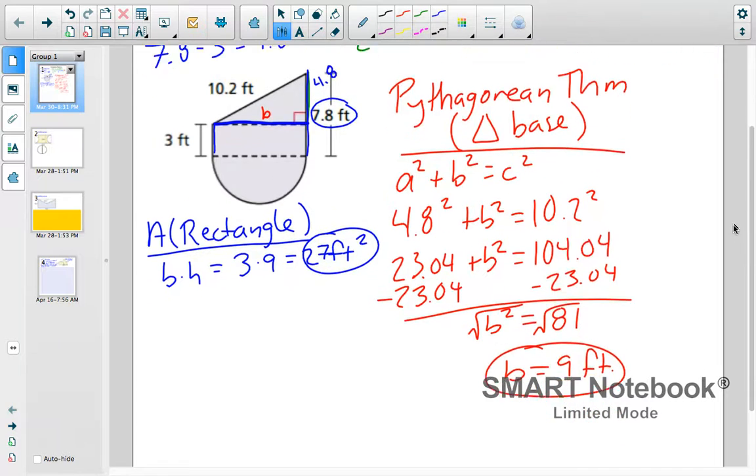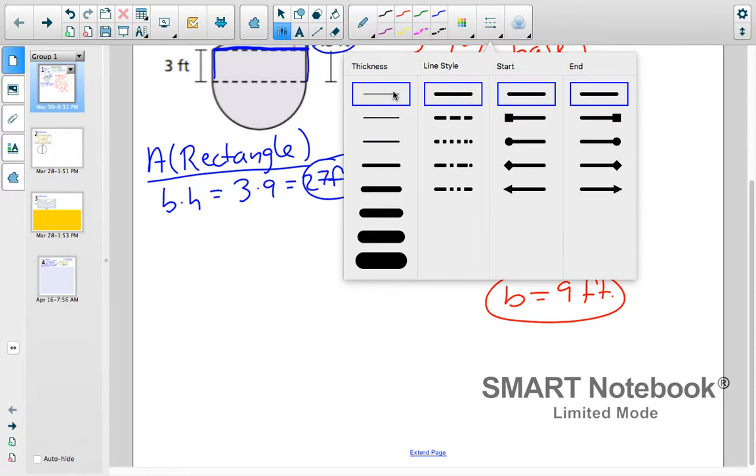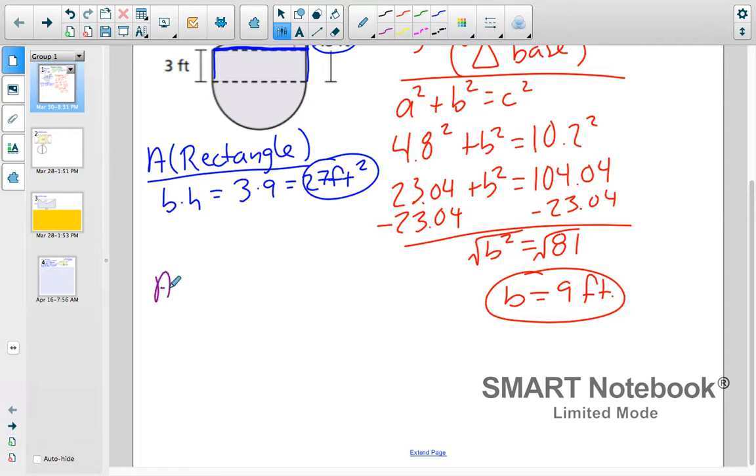Now I gotta find the area of the semicircle. So let's do purple. So we got area of, specifically, the semicircle. Now, if you recall, the formula for the area for a circle is pi r squared. A semicircle is half of that.